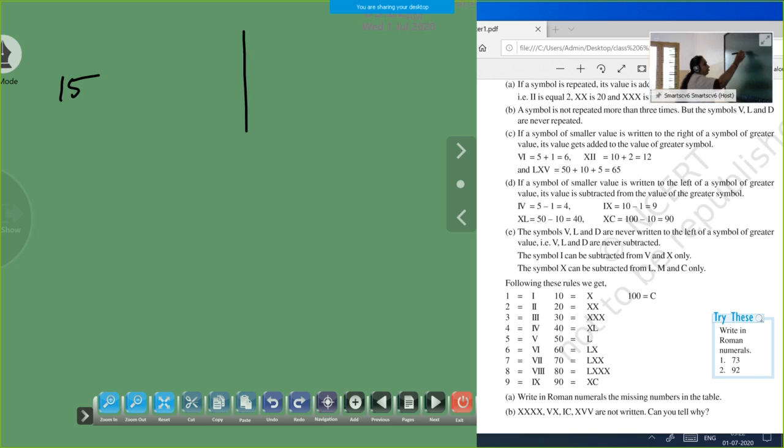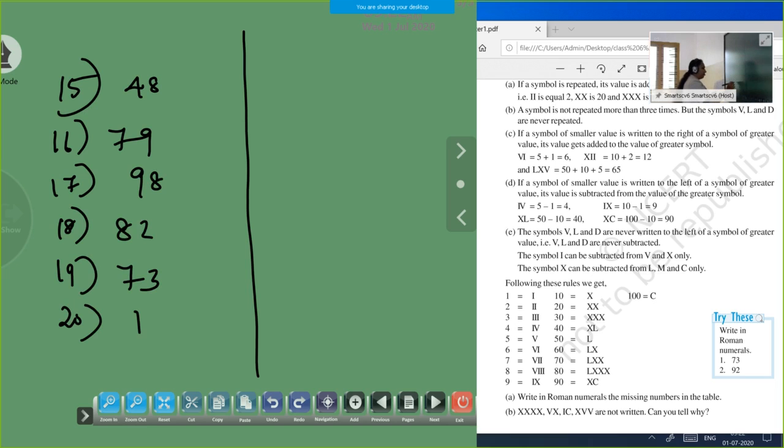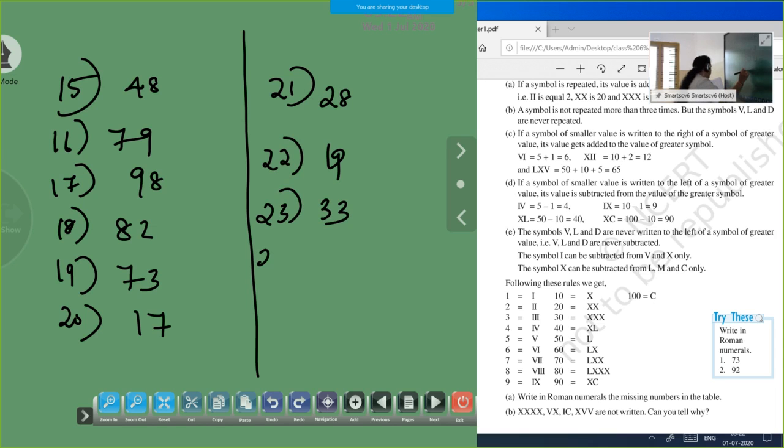Question number 15, 48. Question number 16, 79, then 98, 82, 73, 17, 28, 19, 33, 87, 13.